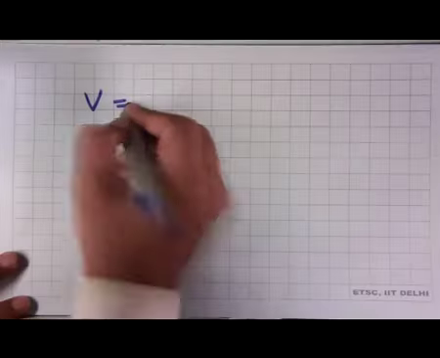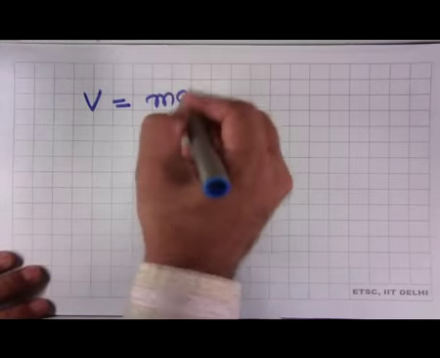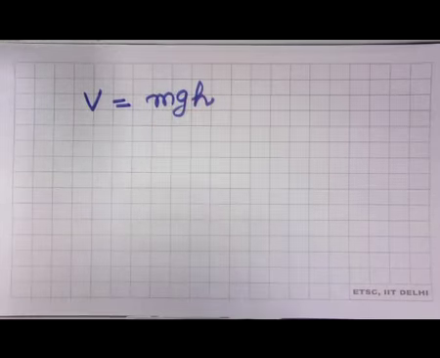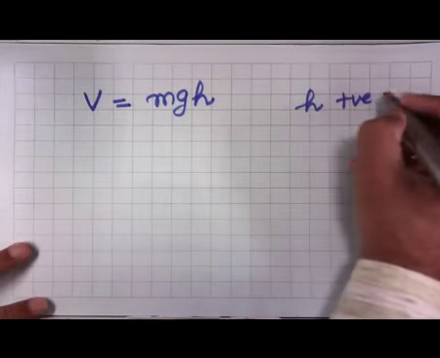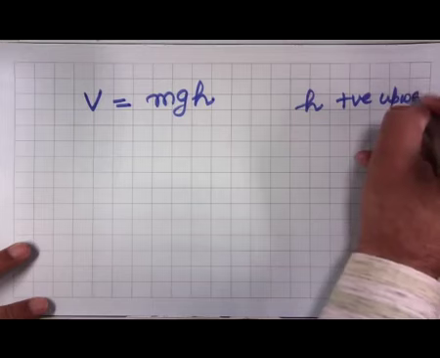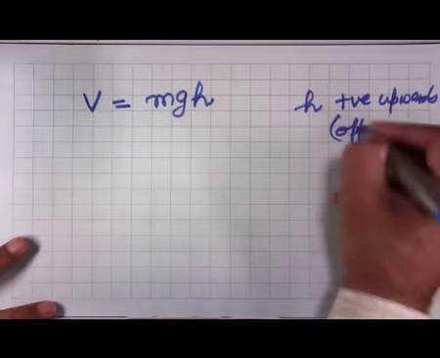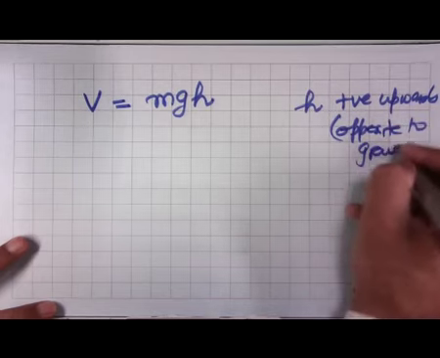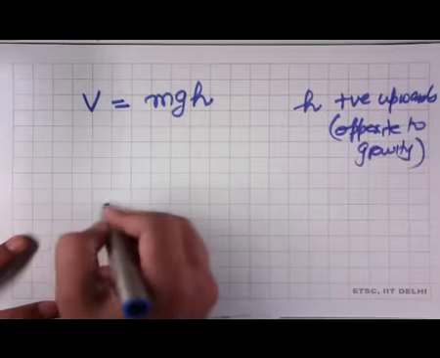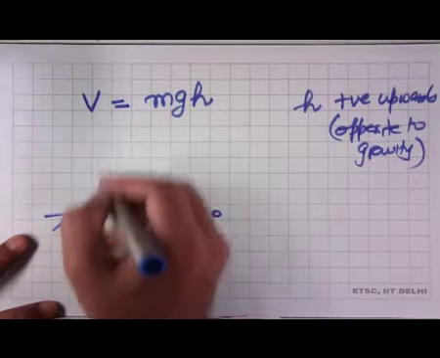And the potential energy due to gravity can be written as mgh, where h is positive when we are going upwards, that is, opposite to gravity. So if we are, let us say, at this position on the ground, we call this the 0 position.